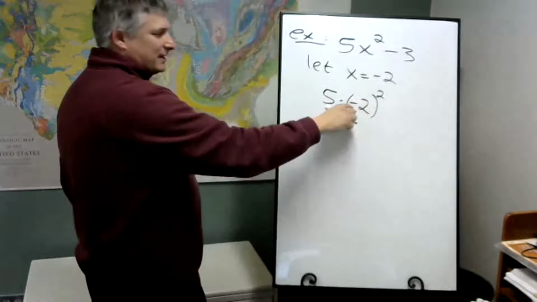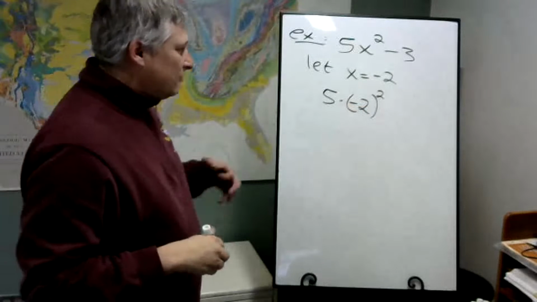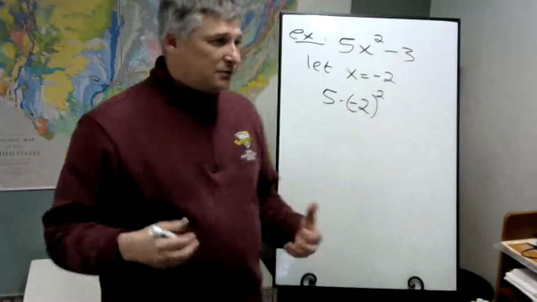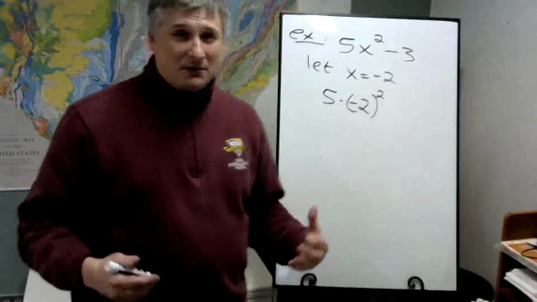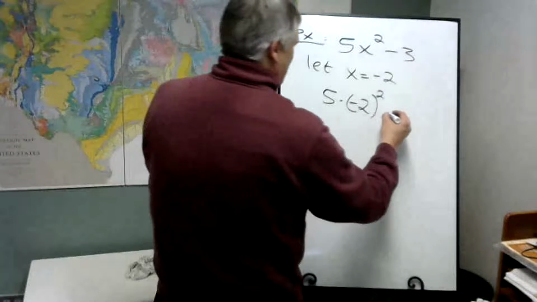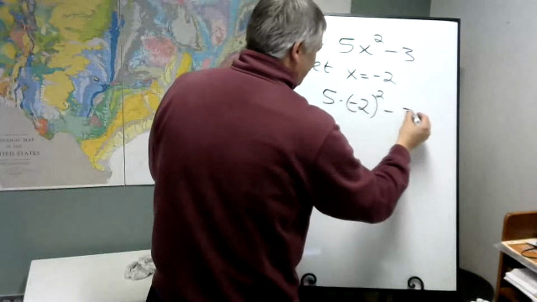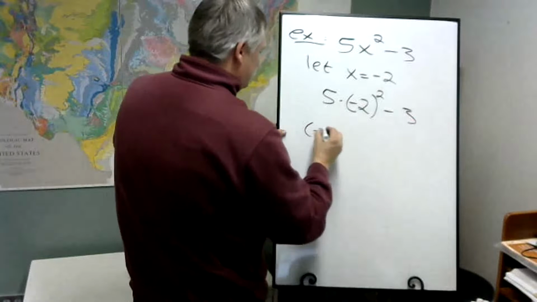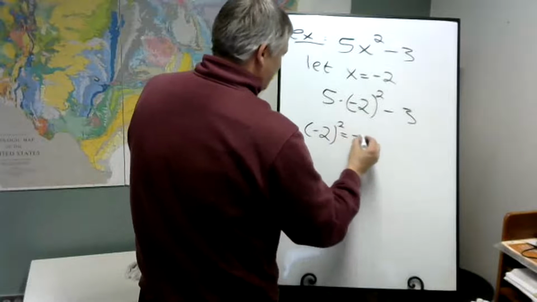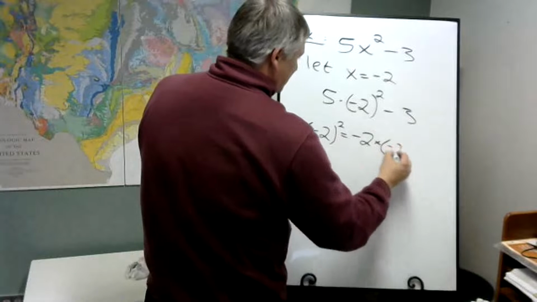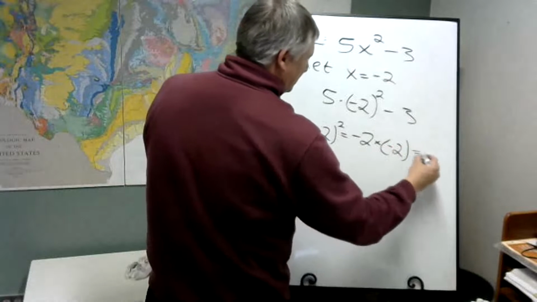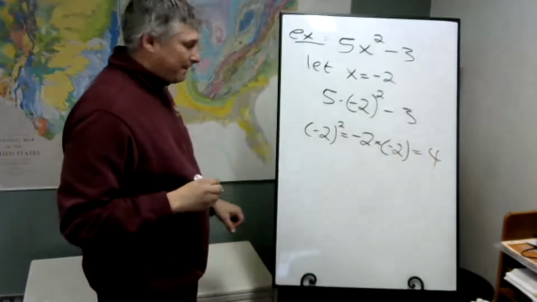And keep in mind, since the negative is inside the parentheses, we're going to square that negative with the 2. So you have -2 times -2. And then we're going to subtract 3. Now that's important because -2 squared is -2 times -2. Negative times negative is +4.